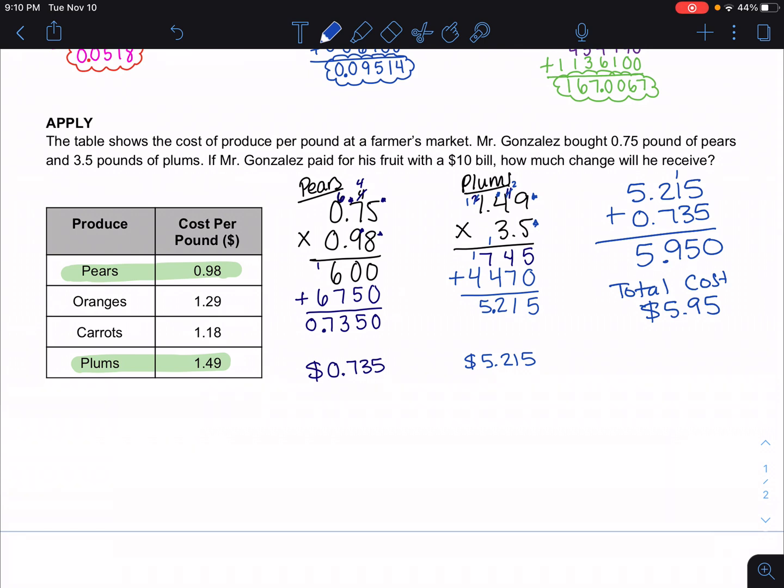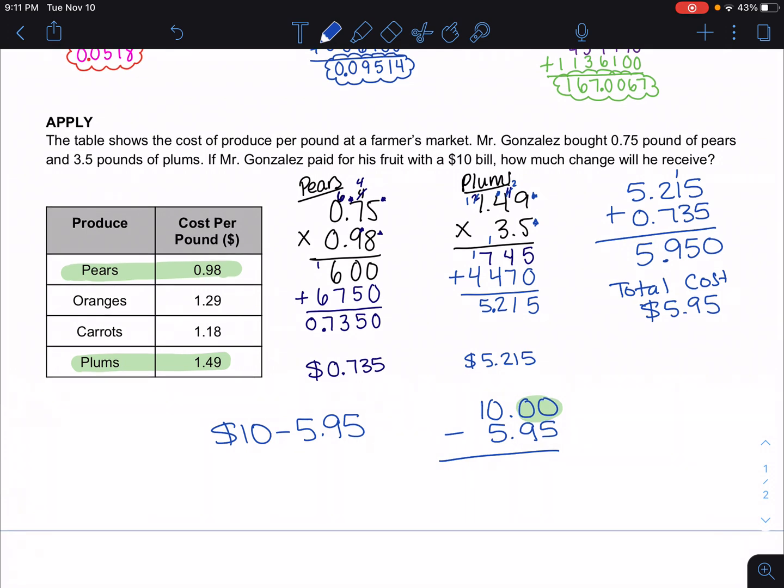we're going to do $10 minus $5.95. So I'm going to do 10, I don't need the dollar sign to do subtraction. $10 is 1000 minus $5.95. So I'm using those zeros as placeholders. So these two are my placeholder zeros. And we know that $10 is $10.00.